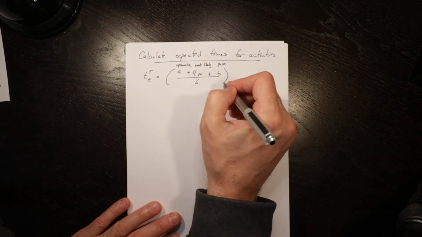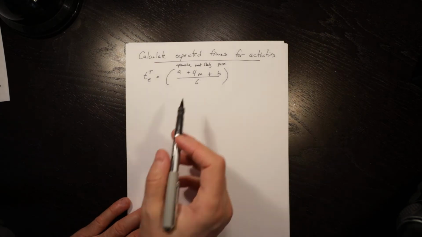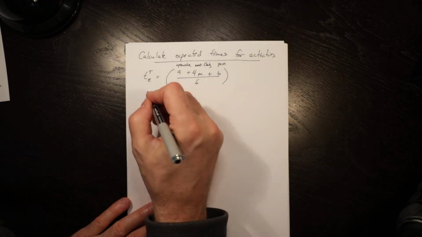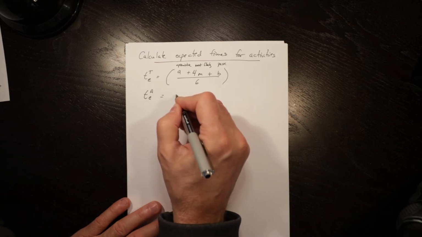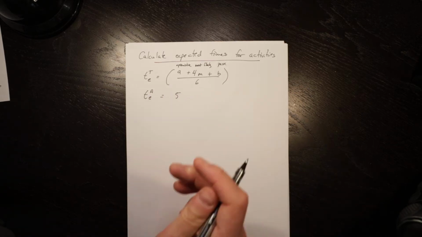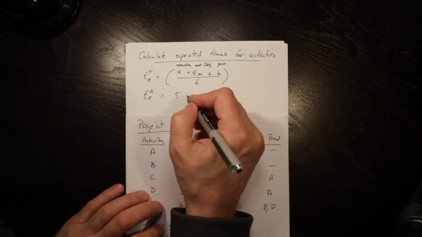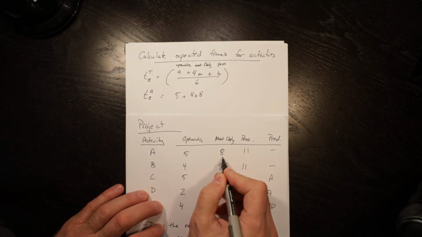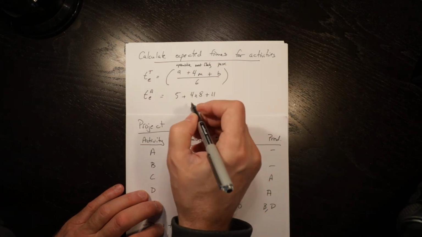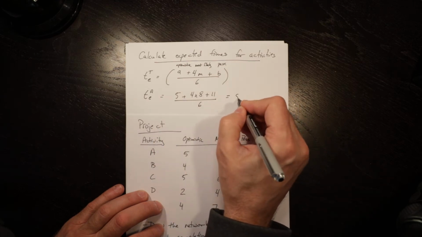So essentially what that's giving us is a weighted average with more weight going on the most likely outcome. So for each of these, TEA, we have 5 plus 4 times 8 plus 11 divided by 6 is equal to 8.